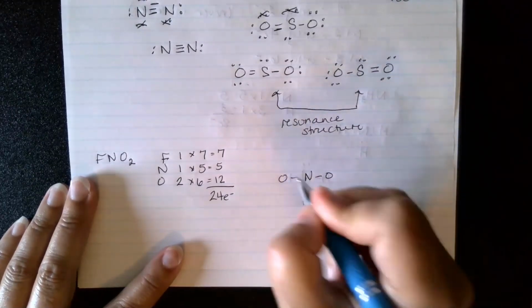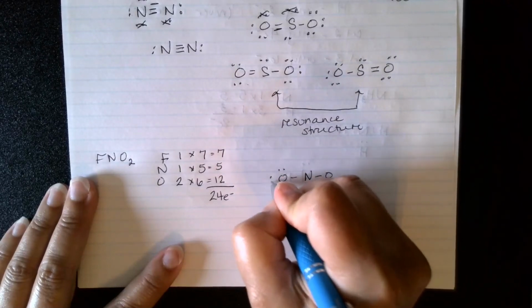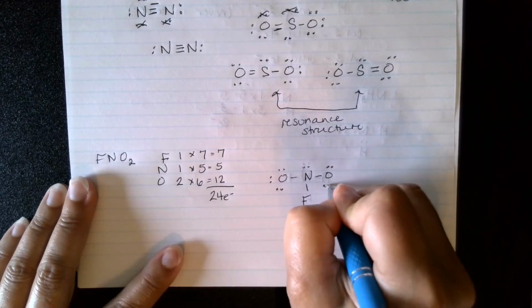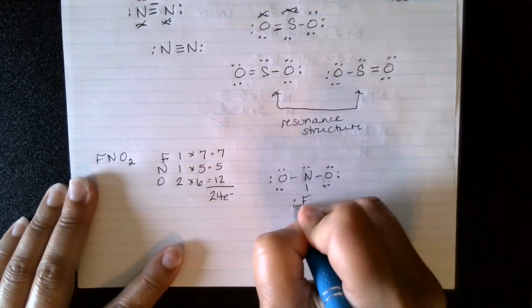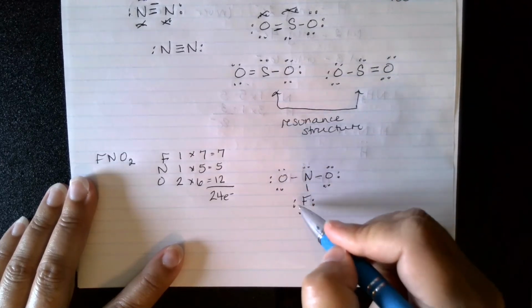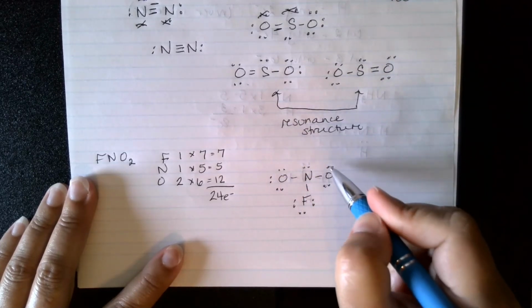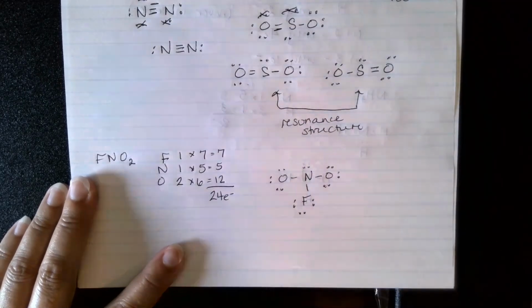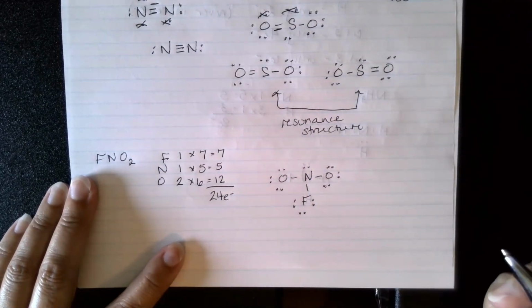Alright, then I gotta give everybody an octet. 2, 4, 6, 8, 10, 12, 14, 16, 18, 20, 22, 24, 26. Okay, so in this case I'm going to have a multiple bond.